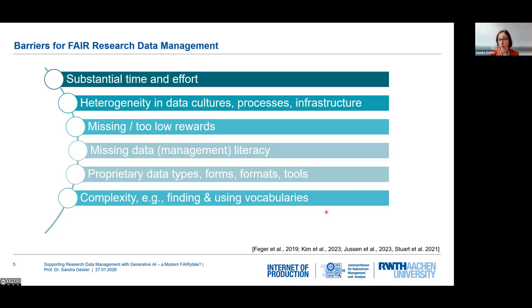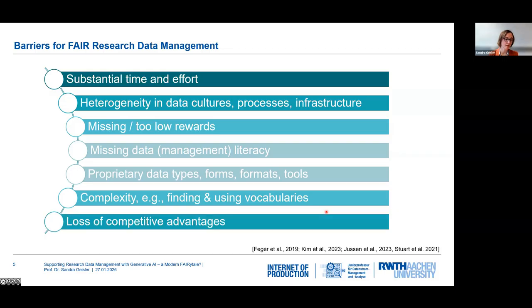So, for example, dealing with vocabularies: to select vocabularies, to find where vocabularies are which fit, which one to pick. Do I use several of these? What are other colleagues using, and so on and so forth. So that was one very important point.